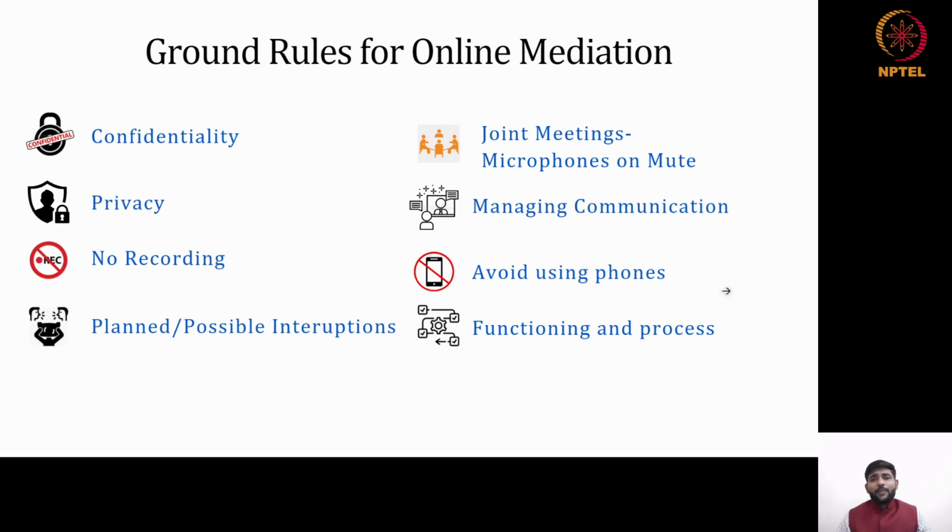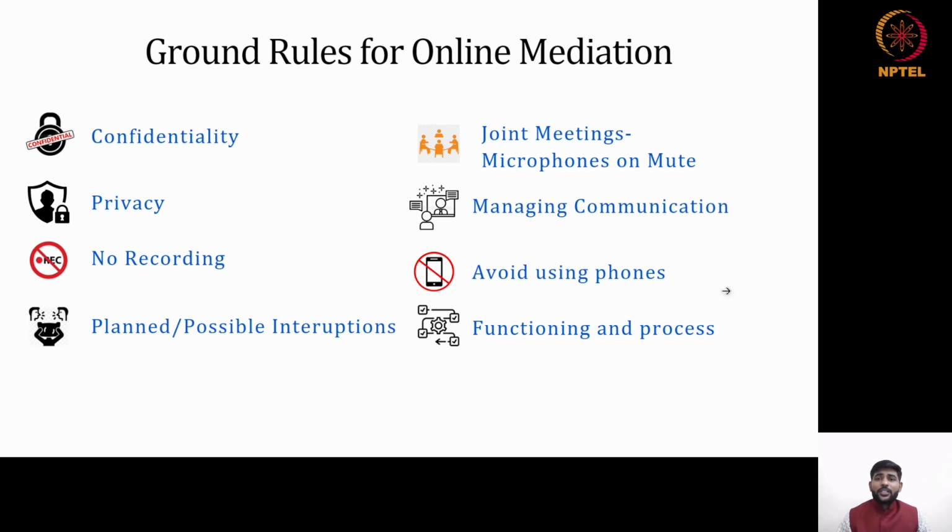But under certain circumstances, the mediator is required to be well planned because there might be possible interruptions. The internet connection doesn't stay at the same level, and there may be technical glitches as well.